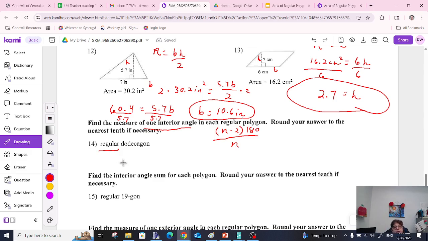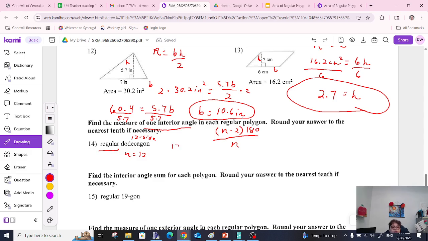So how many angles does a dodecagon have? Well, how many sides is it? This is 12. So this is 12 sided. So n is equal to 12.